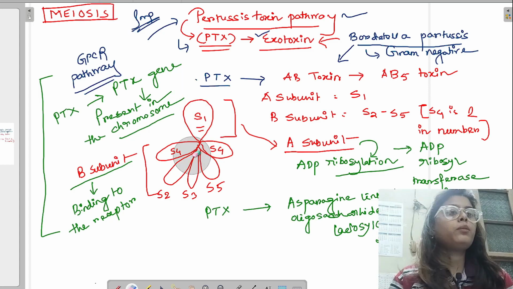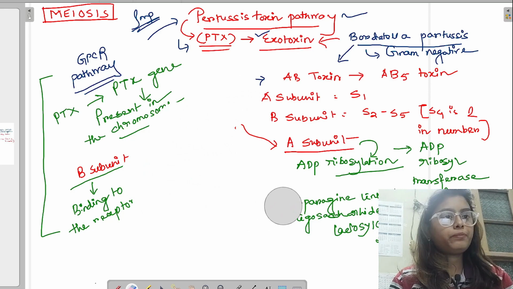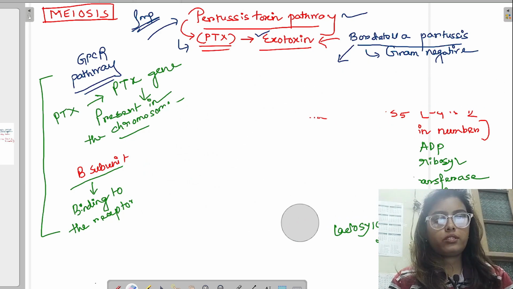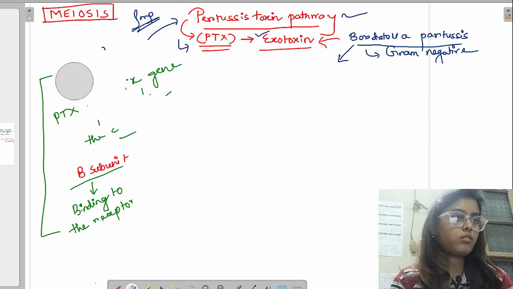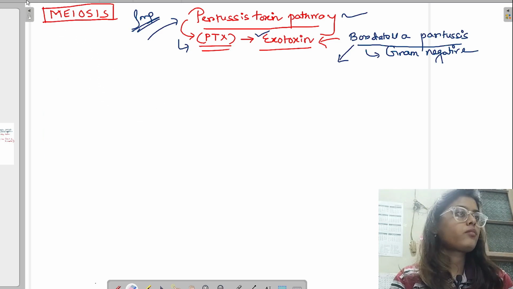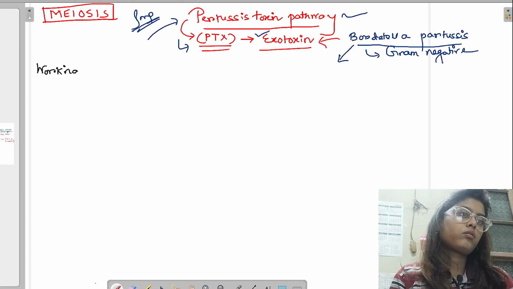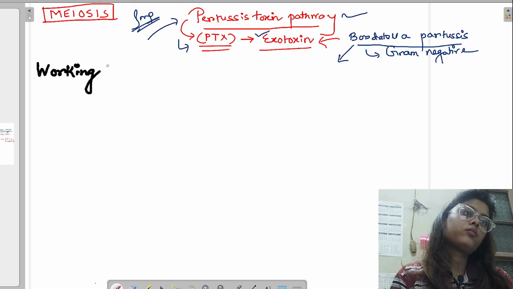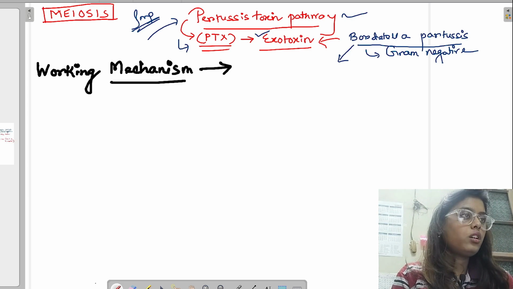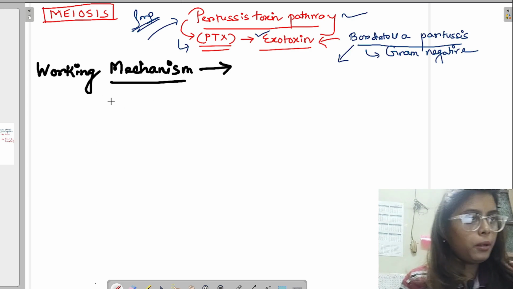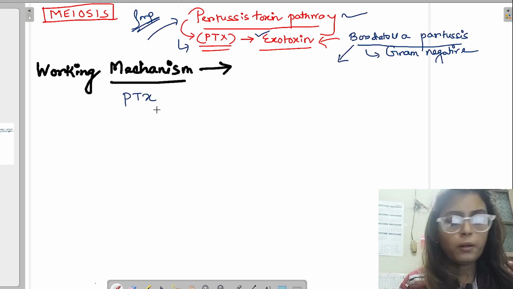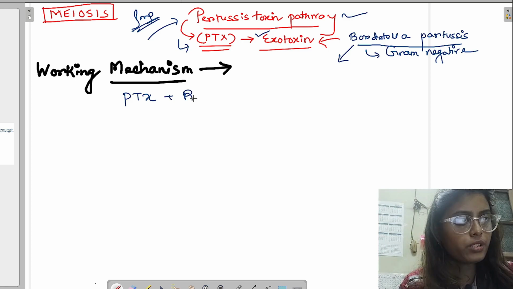Now we have to know about the working mechanism of the PTX. So let's see the working mechanism of the PTX. Basically, pertussis toxin, by the help of the B subunit, will bind to the receptor.